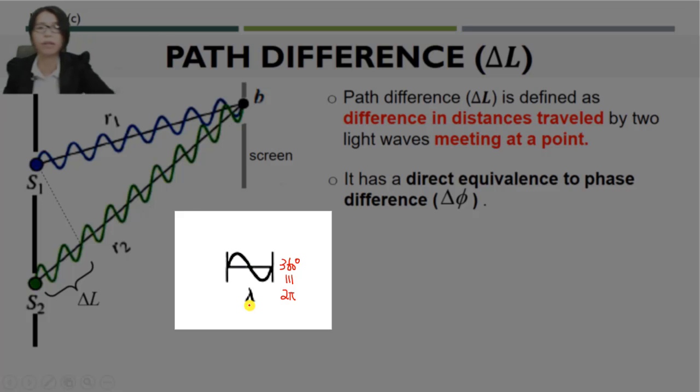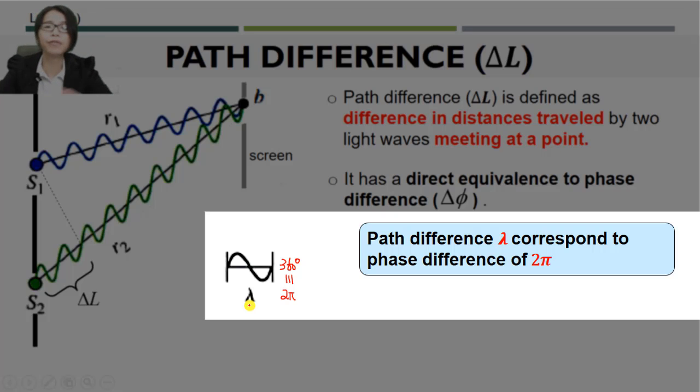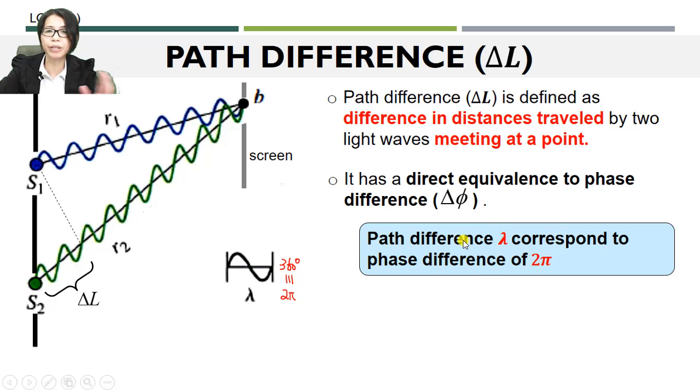So the path difference lambda actually corresponds to a phase difference of 2 pi, okay? I repeat, the path difference lambda corresponds to 2 pi. One complete cycle, 2 pi. So one complete cycle will have one wavelength, alright? That is the relation between path difference and phase difference.